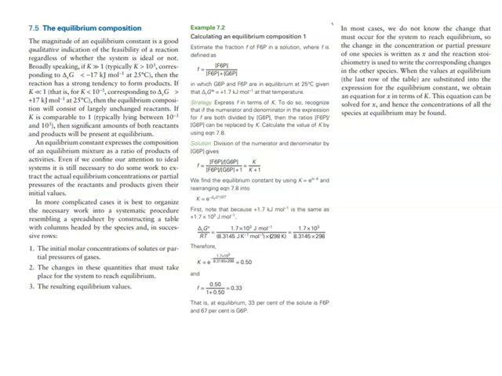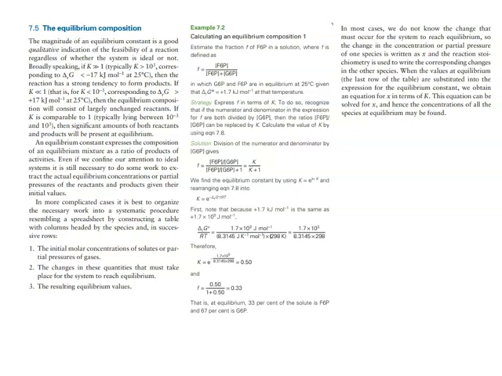So you need 3 things. 1, the initial molar concentration of solutes or partial pressures of gases. 2, the changes in these quantities that must take place for the system to reach equilibrium, which can be known or unknown. And 3, the resulting equilibrium values. In most cases, we do not know the change that must occur for the system to reach equilibrium.